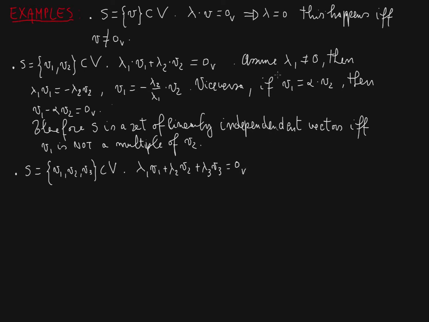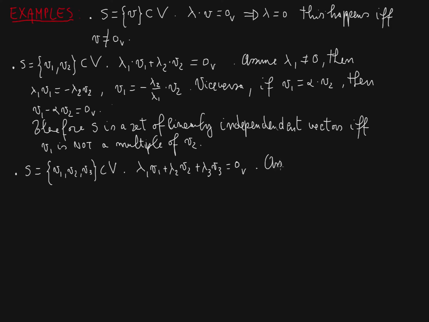Again, let us assume that these vectors are linearly dependent first, and then we negate that condition to see when they are linearly independent. So they are linearly dependent if and only if there exists a linear combination as such that gives me the 0 vector, and one of these coefficients is non-zero. Let's now assume, for example, that lambda 2 is non-zero.